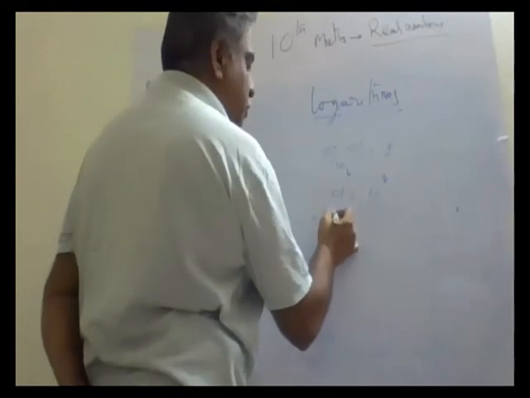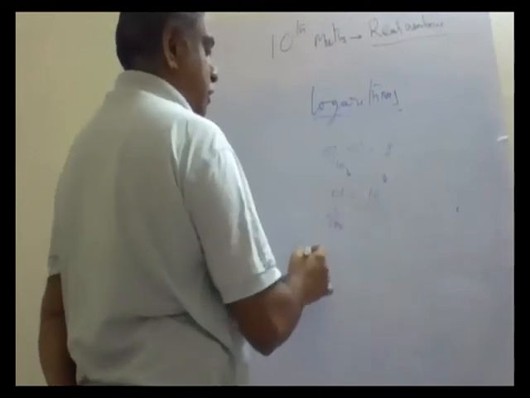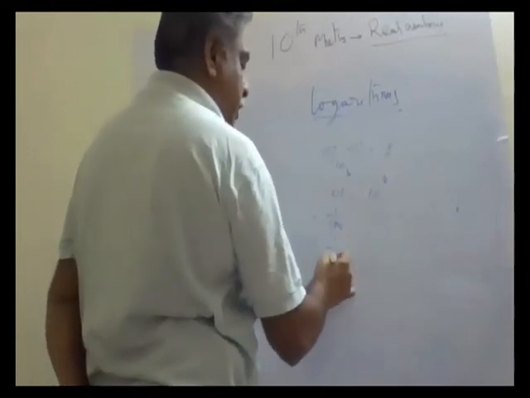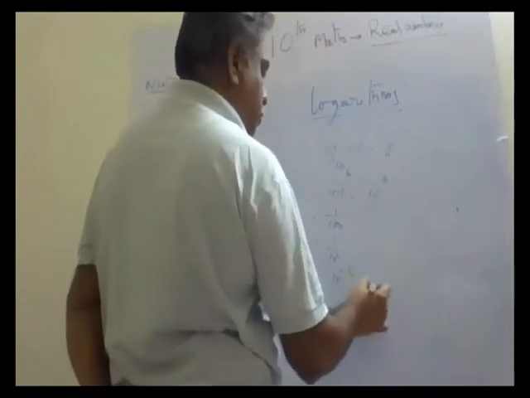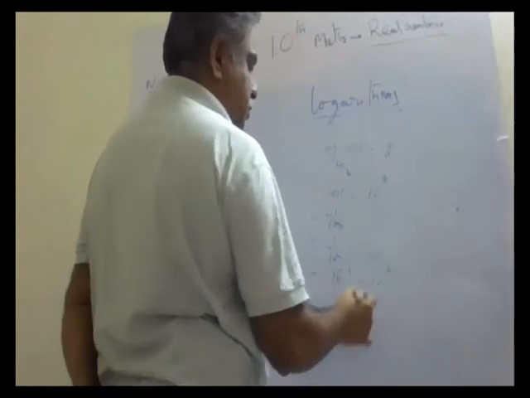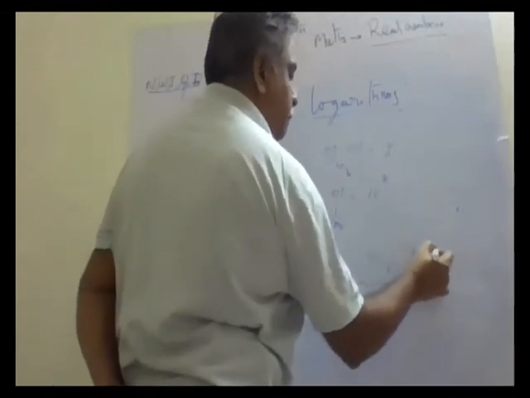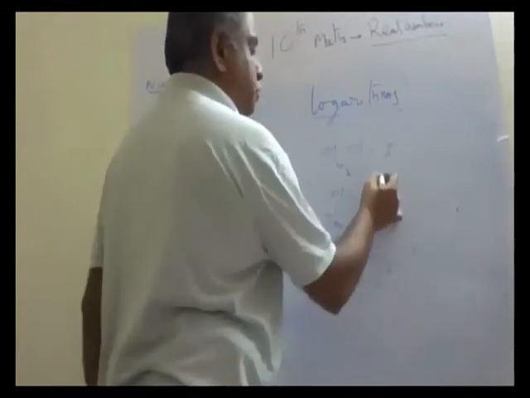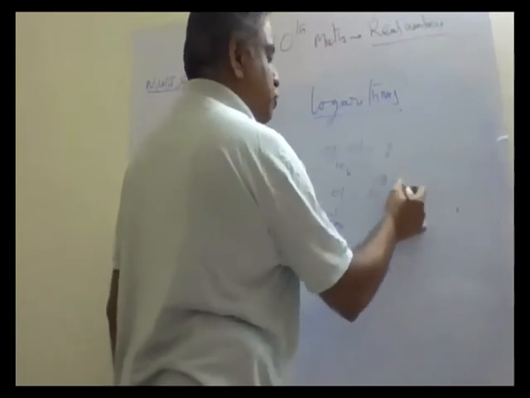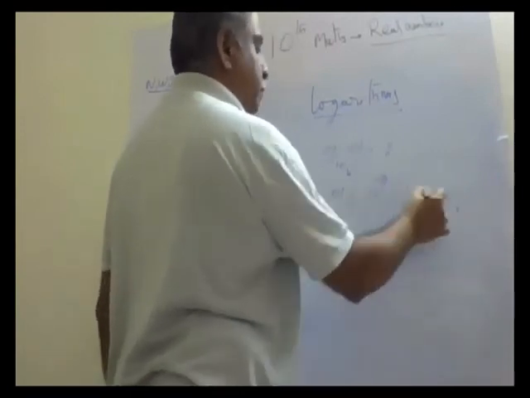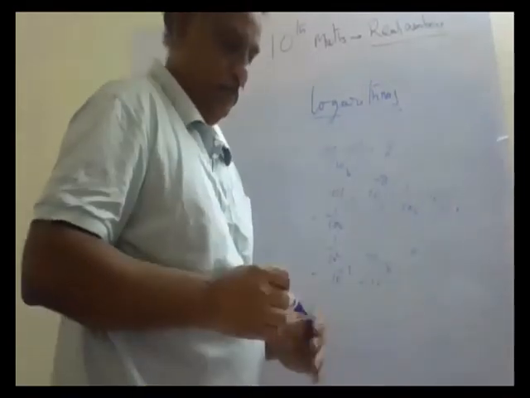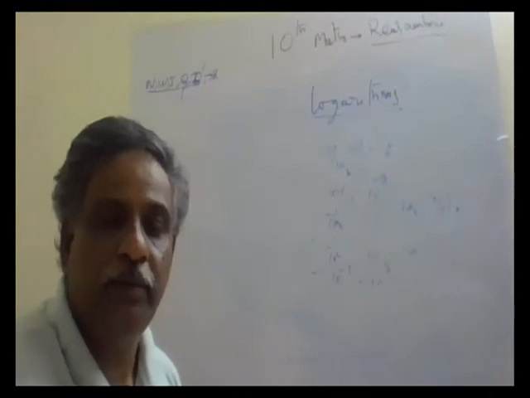It is 1 by 100, that means 1 by 10 square, that is 10 to the power of minus 2, equal to 10 to the power of x. So x is equal to minus 2. When I put x as minus 2, 10 to the power of minus 2 is 1 by 100, that is 0.01. Both are matching. So you understood how to convert to exponential form and get the value.